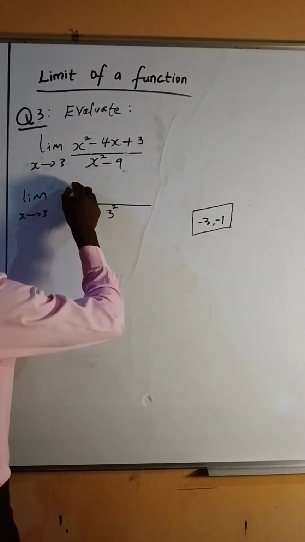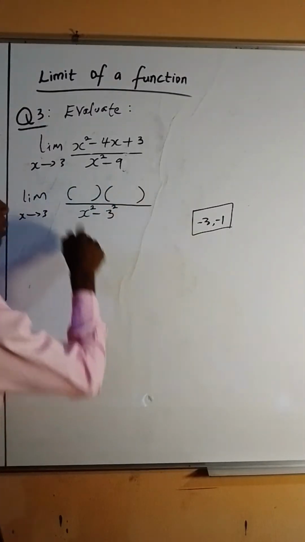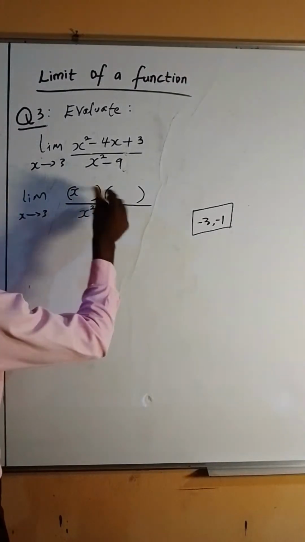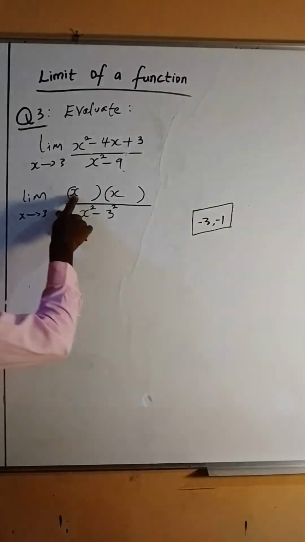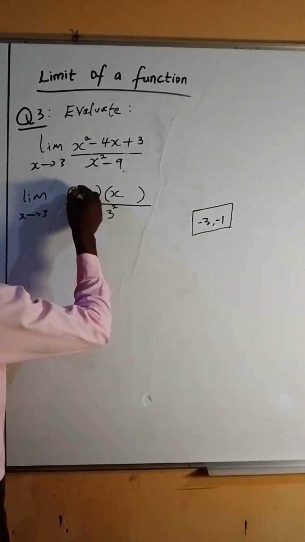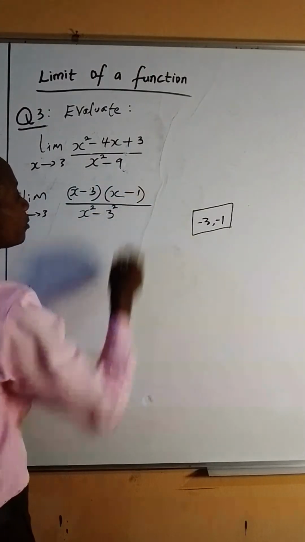So we come here and create two brackets, and put the variable here, which is x. We pick minus 3 and put it here, and pick minus 1 and put it here.